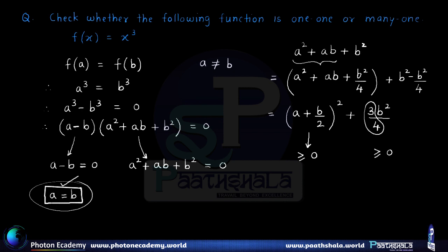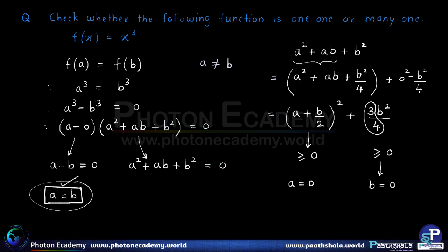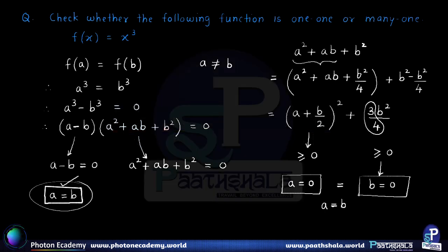Now if the second quantity is 0, it means that b is equal to 0, and here if b is equal to 0, then we must have a also equal to 0, therefore we will have a square equal to 0. So therefore, it boils down to the fact that ultimately a is equal to b, which is nothing but 0, that's the common value of them.